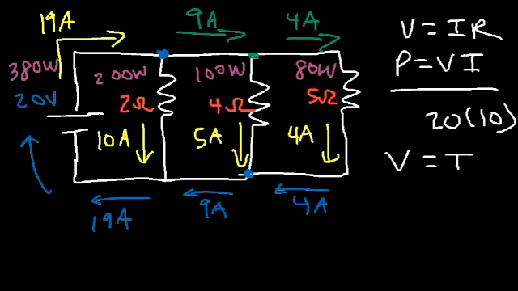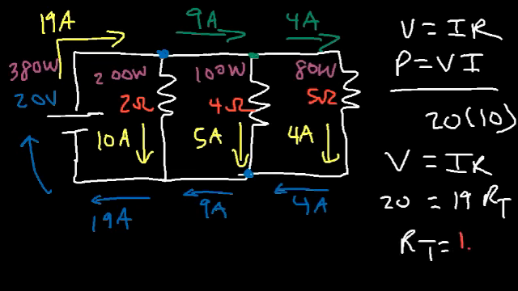So using Ohm's law, the voltage of the battery is 20, the total current is 19, so the total resistance is 20 divided by 19, which is 1.05. And it makes sense. The total resistance is going to be less than any of the 3 resistors, so it has to be less than a 2 ohm resistor if we have a parallel circuit.